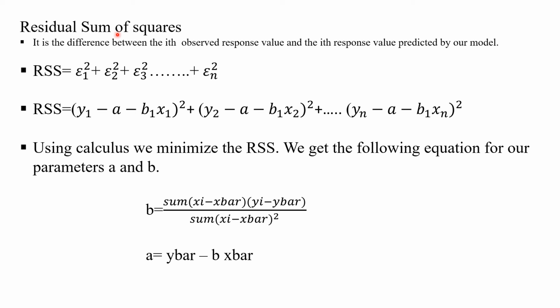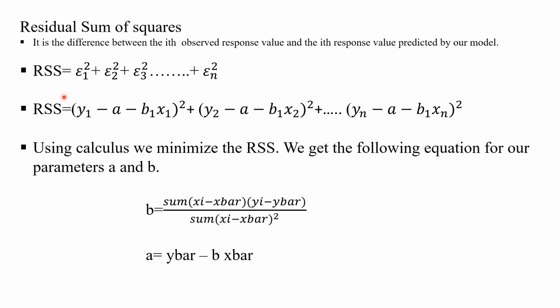Initially, we were only dealing with one point, but in our data we have hundreds of points. So we have epsilon 1, epsilon 2, epsilon 3 up to epsilon 100. So our RSS is nothing but epsilon 1 square plus epsilon 2 square plus epsilon 3 square up to epsilon n square.